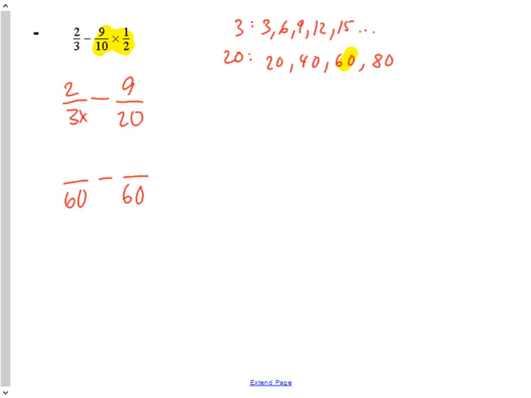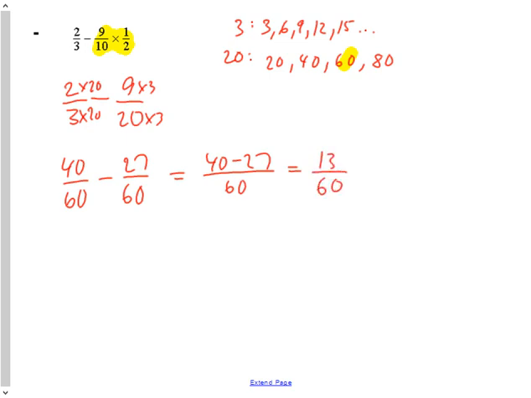And your equivalent fraction, 3 times 20 is 60, and therefore 2 times 20 is 40. 20 times 3 is 60, and 9 times 3 is 27. Now that we have common denominators, to subtract them, we simply subtract our numerators and keep our denominator, giving us an answer of 13/60.